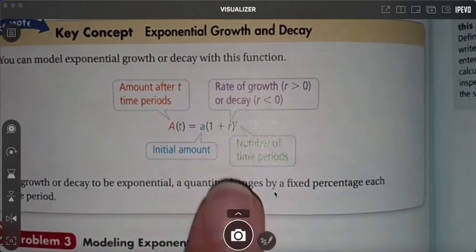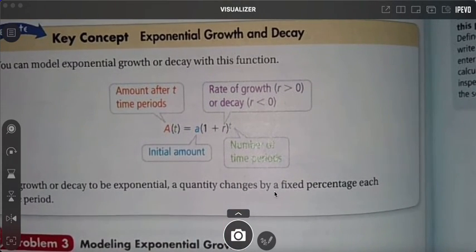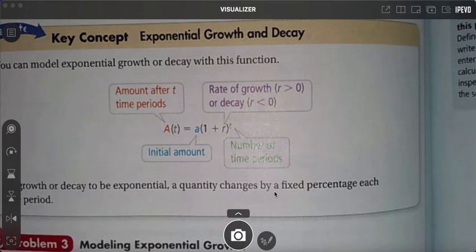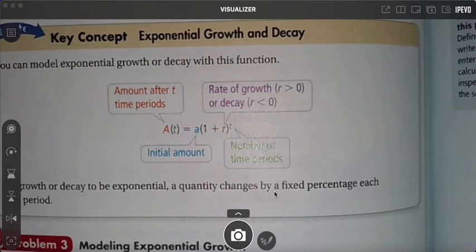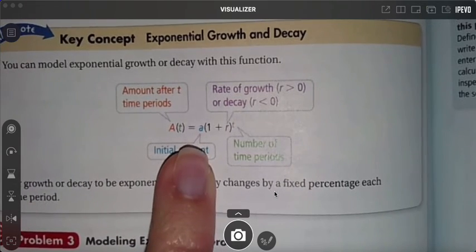So if it's growth, notice that this is your initial amount, the A, that's your starting value. In the book, we did some like that, where they say, okay, you start with $1,000 and then it's growing at this percent. So guess what A is? A is $1,000.